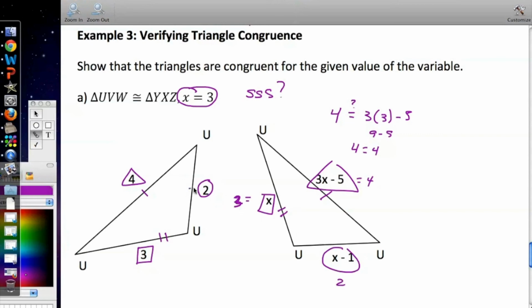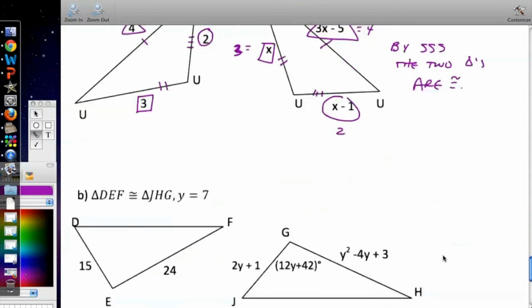So is 2 congruent to 2? Yes. So I can say by side, side, side, the two triangles are congruent. Okay? It's keeping us from needing to prove 6 things. We don't need to prove something about the angles because we know that triangle rigidity tells us that if they have the same side lengths, they must be the same shape, same size.